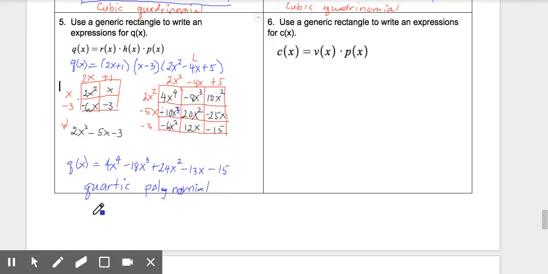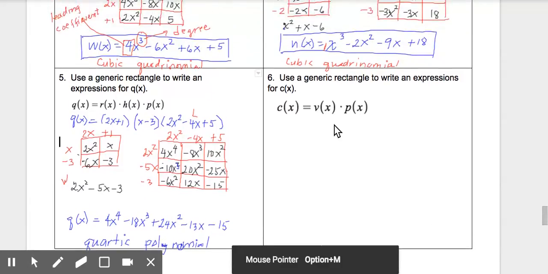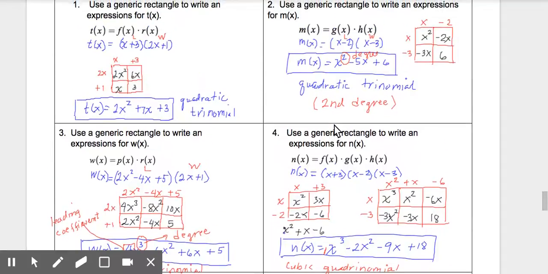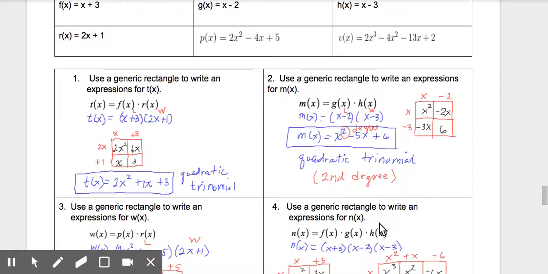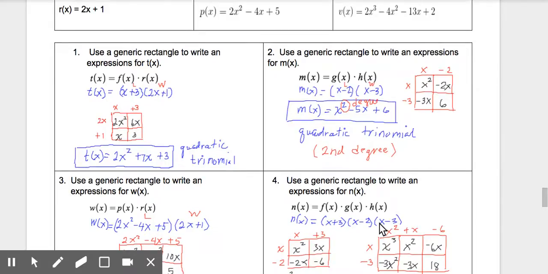Okay, lastly, number 6, we are looking for c of x. c of x is v of x times p of x. We don't have v of x here, so we have to go back to the table. v of x is 2x cubed minus 4x squared minus 13x plus 2.